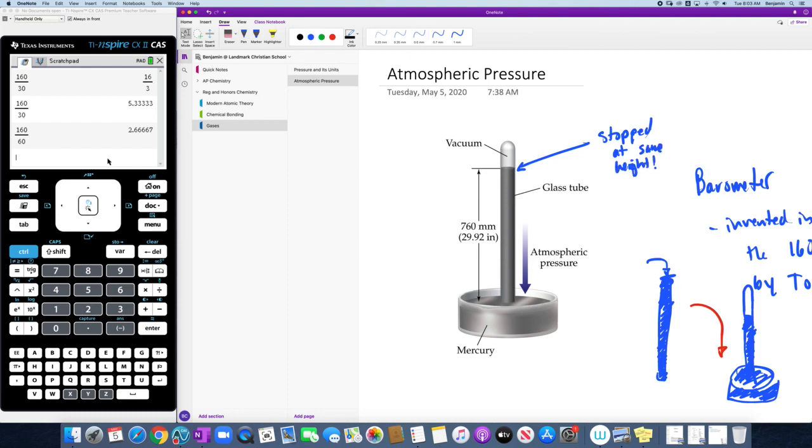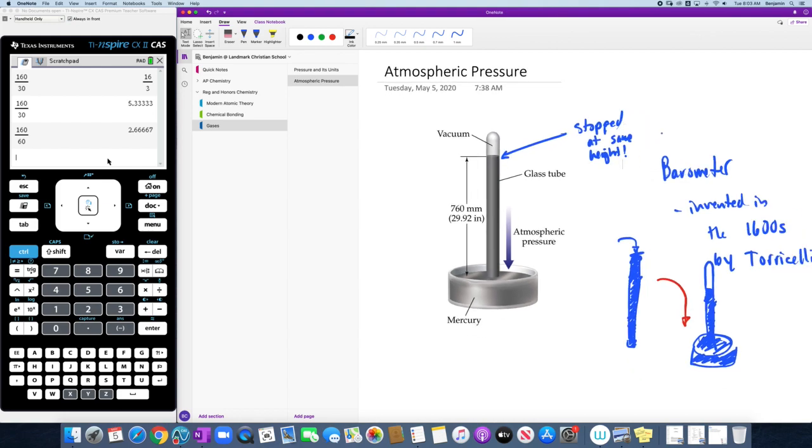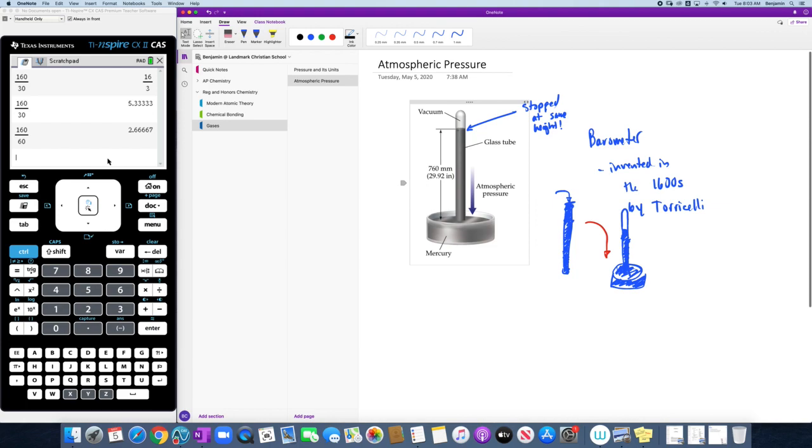Torricelli found that really curious, because how is the mercury supposed to know where to stop? Why does it stop in the first place? And why is it stopping at the same place every time? The more that he thought about that, he realized he was actually detecting the pressure from the atmosphere.